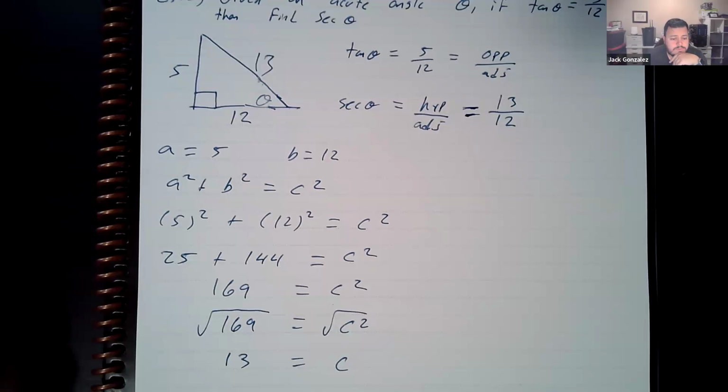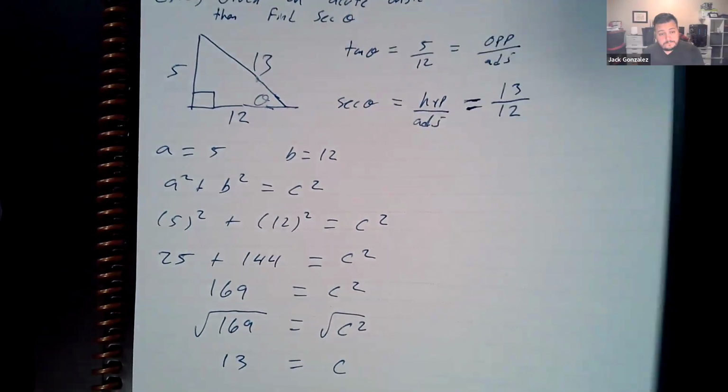So make sure you open up your unit circle for the next example. If you don't have it memorized, which I won't make you, but at least have it open.